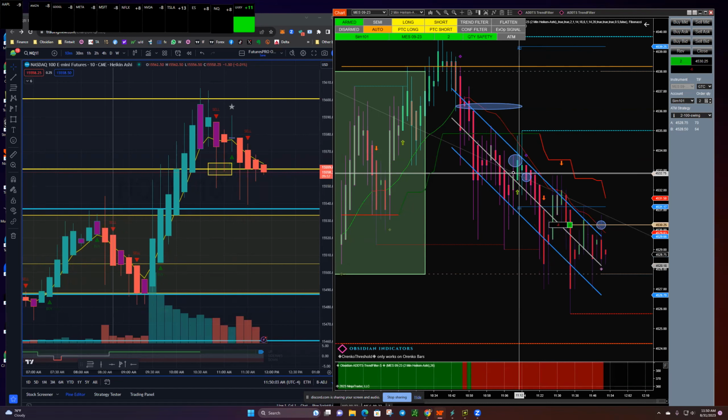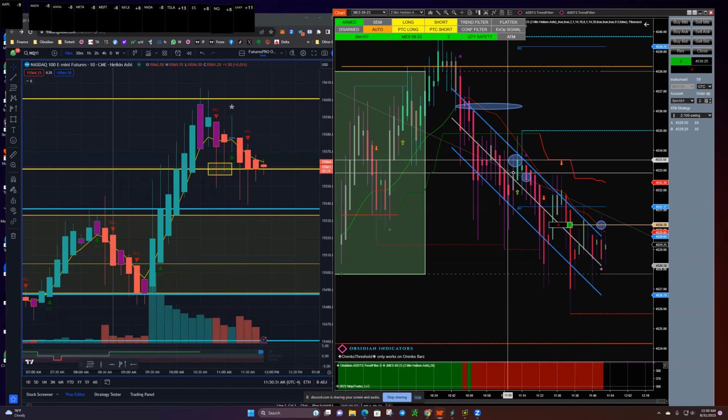So you probably would have made $10 here, lost about $3-4 here, and then 536 all the way down to 533. So that's 3 handles, 12 ticks times $1.25.